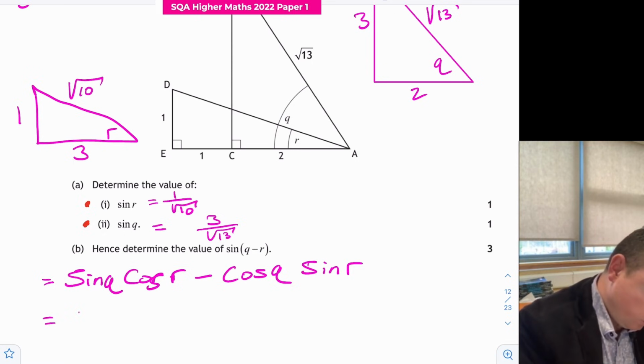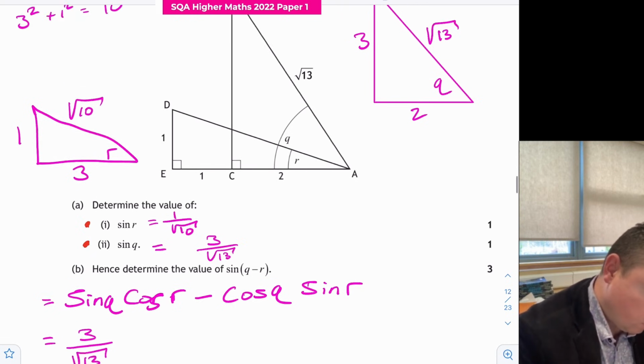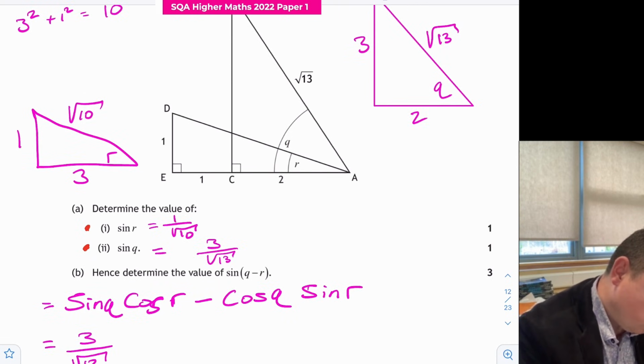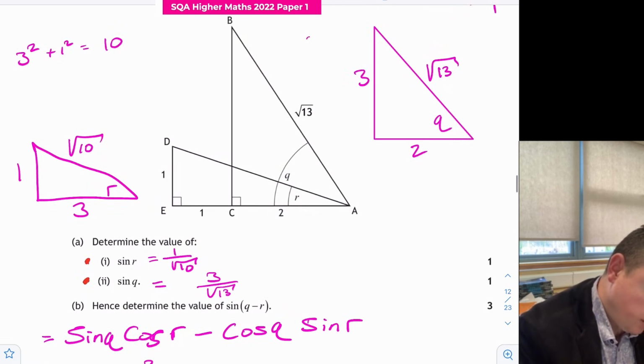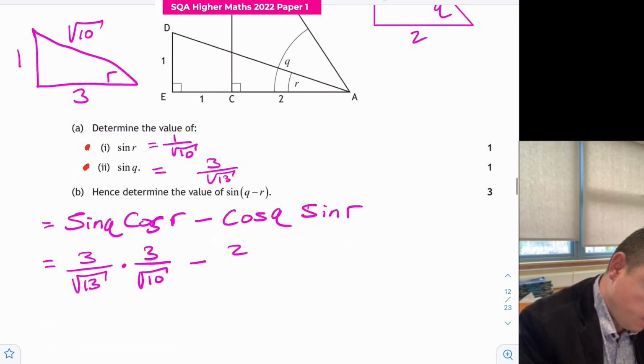So sin Q is 3 over root 13. Well, cos R, we've already got our triangle here, so 3 over root 10. And minus cos Q, which using this triangle is 2 over root 13. And we've got sin R, which we already know is 1 over root 10.